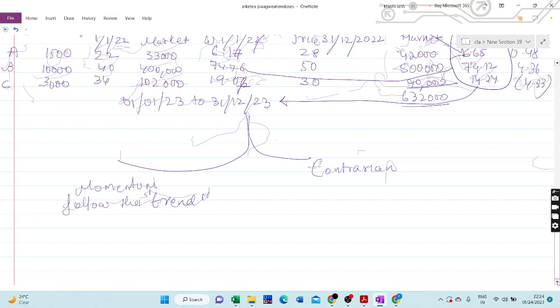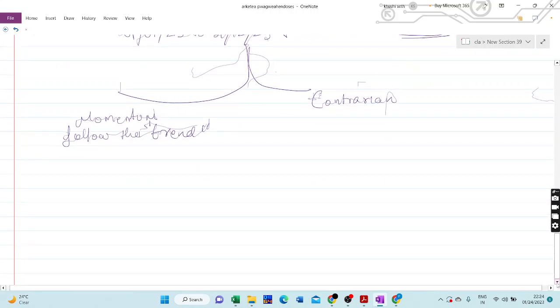Chalo. Then the last index weighting scheme that we need to discuss is your fundamental weighting. Yesterday we had discussed, when I say fundamentals, what do I mean?